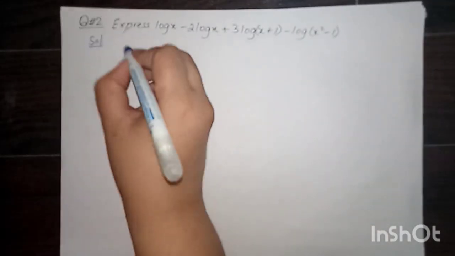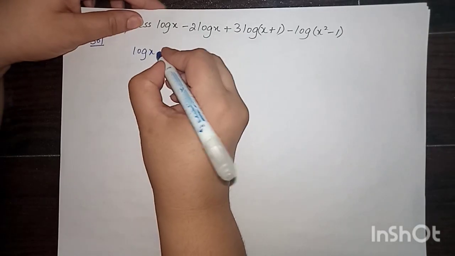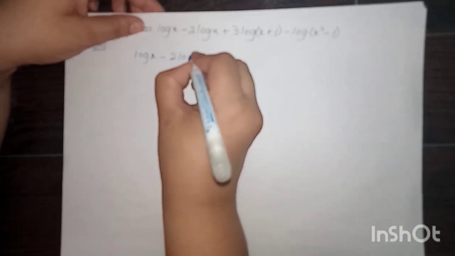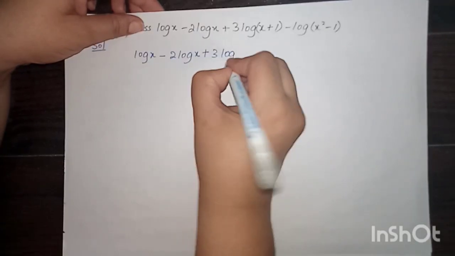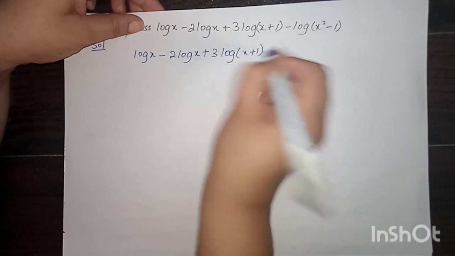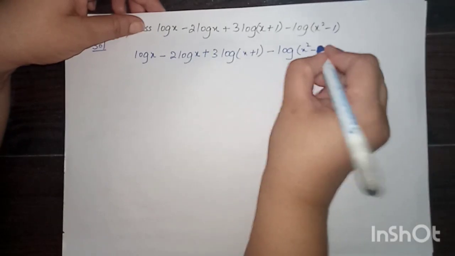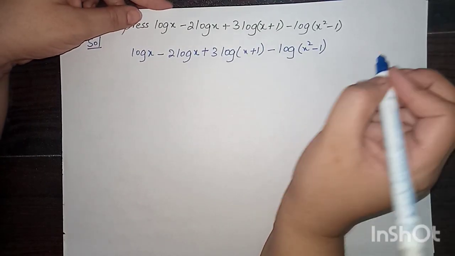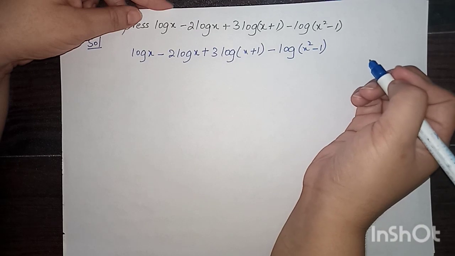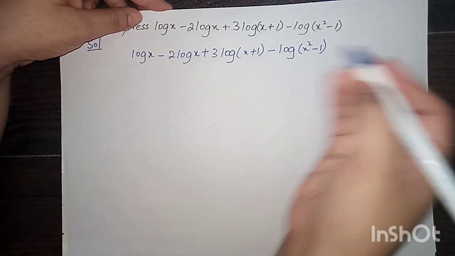So for this we will write log of x minus 2 log of x plus 3 log of x plus 1 and minus log of x square minus 1. We also know that for the plus sign we convert it into multiplication, and for the minus sign we convert it into division form.